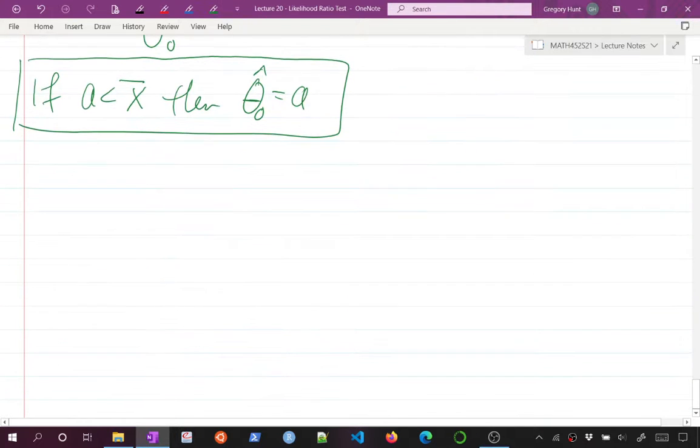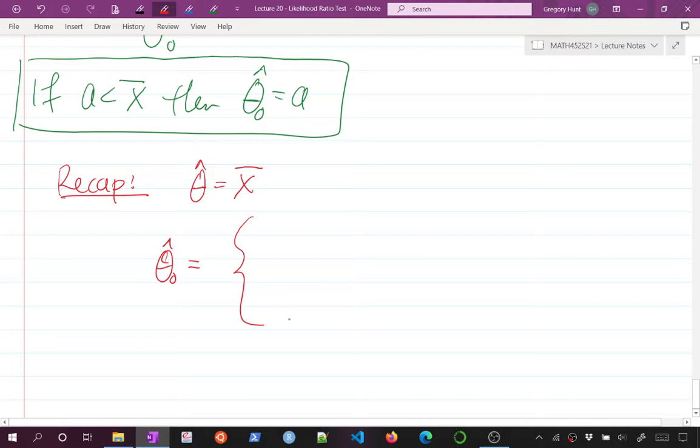So to recap here, my overall MLE, theta hat, is x bar. Easy cheesy. My restricted MLE, theta naught hat, takes on one of two values. Let me just rewrite what our hypothesis was.